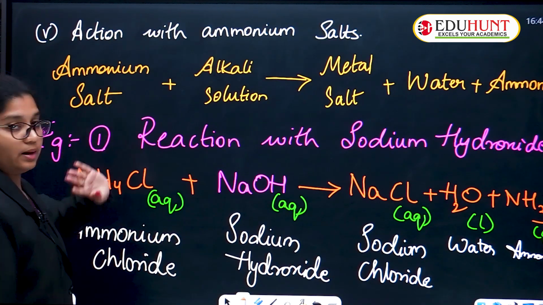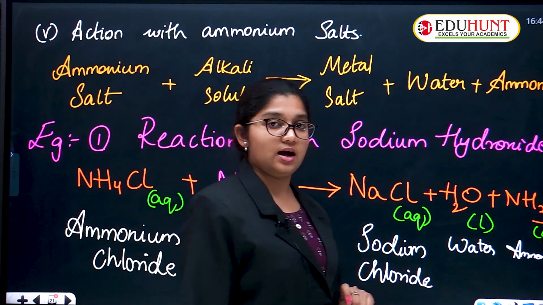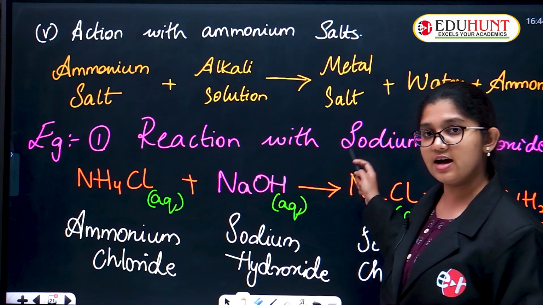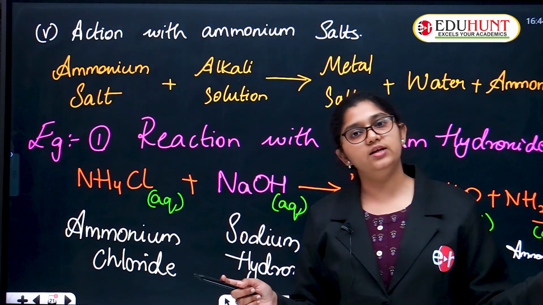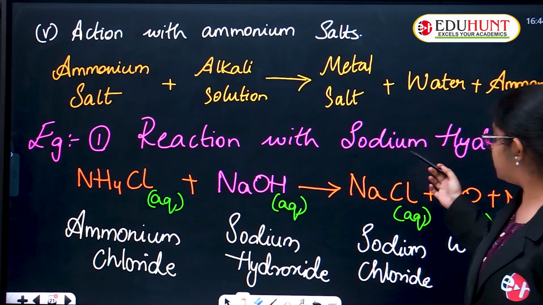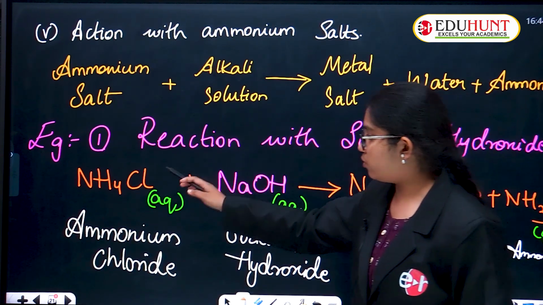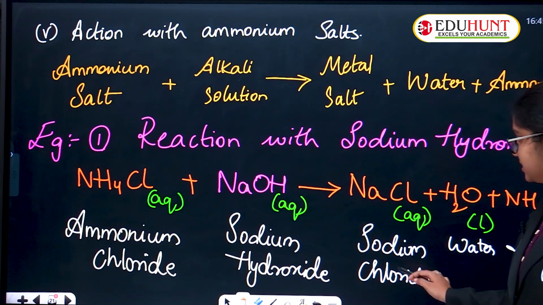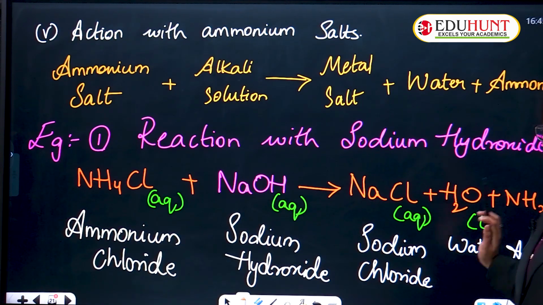Again I am telling you, reaction with ammonium salts: ammonium salt plus alkali solution gives rise to a metal salt, as well as water and ammonia, which is common. In example 1, reaction with sodium hydroxide, taking ammonium chloride and sodium hydroxide giving rise to the metal salt sodium chloride, water and ammonia.